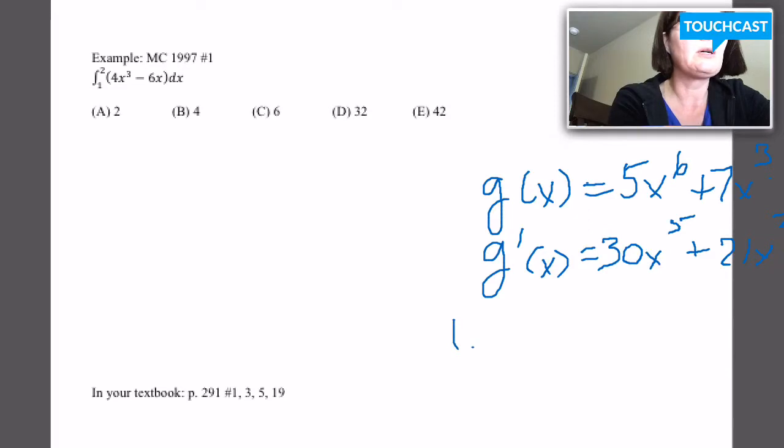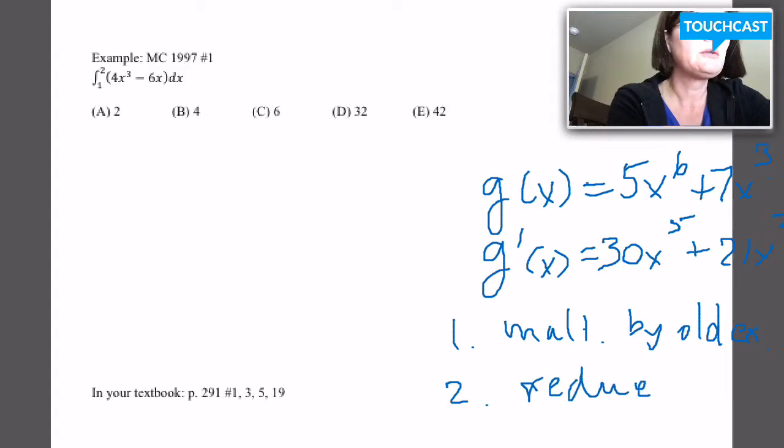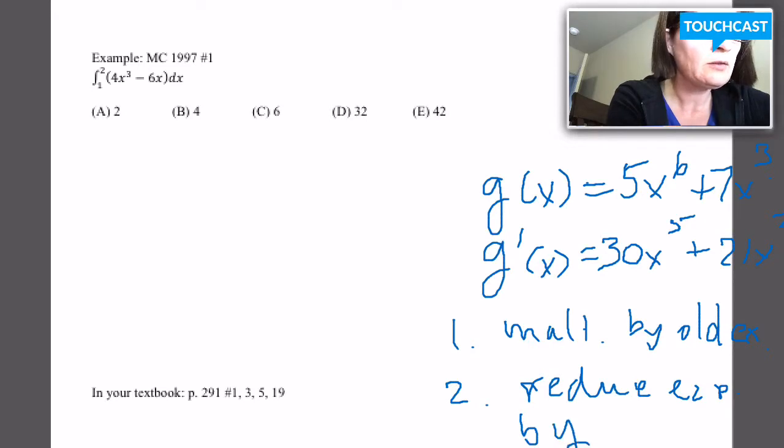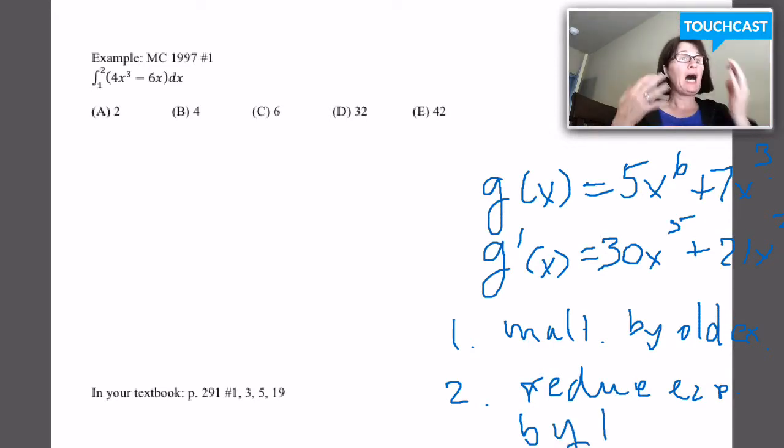So step 1 was multiply by old exponent, and step 2 was reduce exponent by 1. So if I want to undo that, and antiderivatives are undoing of derivatives, I have to reverse that process.